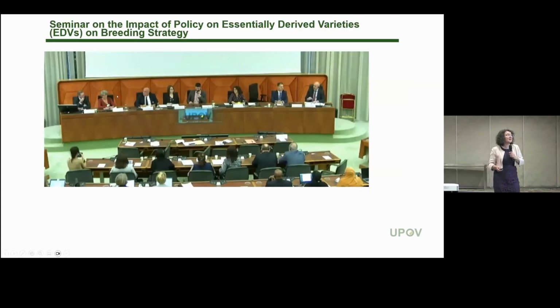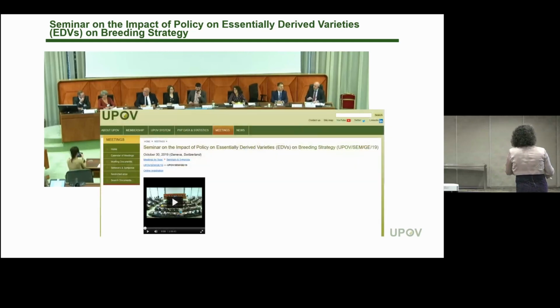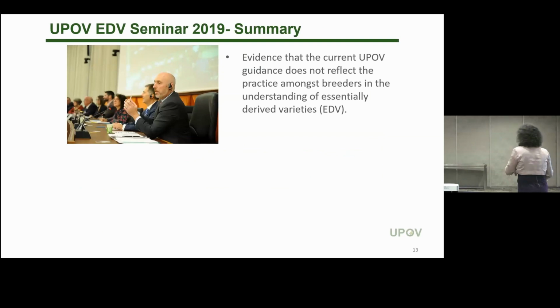So there has been some UPOV guidance developed in order to provide clarity on this concept, because the UPOV Convention has two elements that are quite important, and those elements have not been defined in the convention. So let's look into what led to the revision of the current guidance on essentially derived varieties.